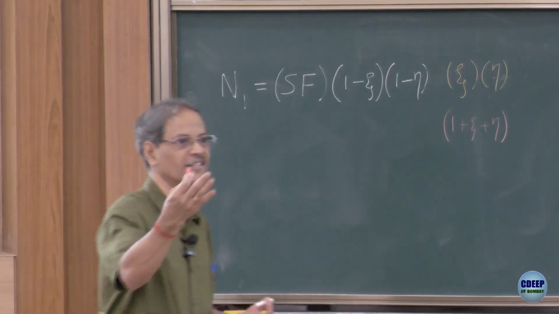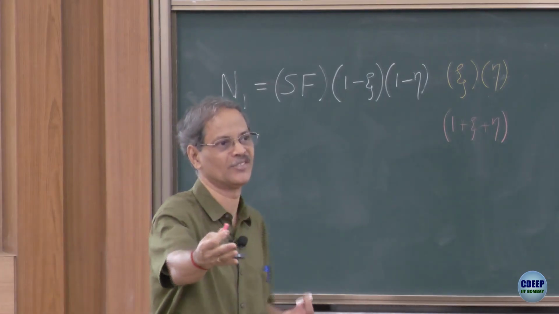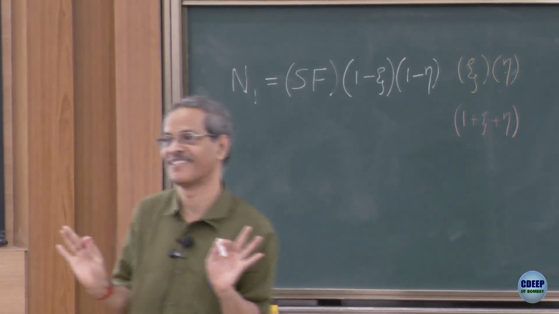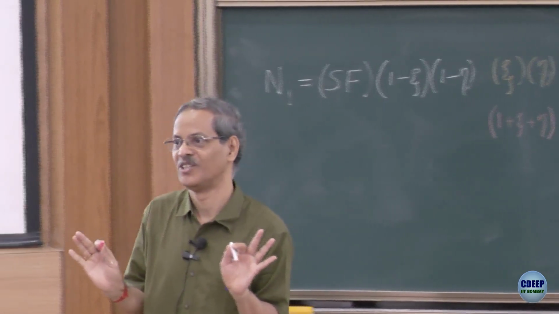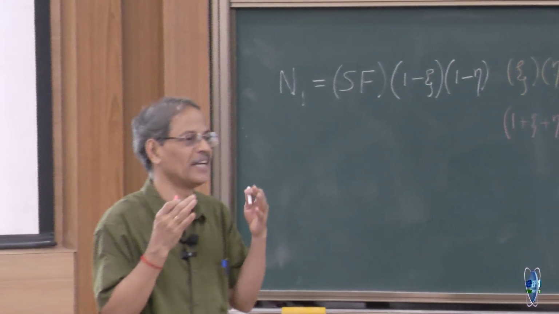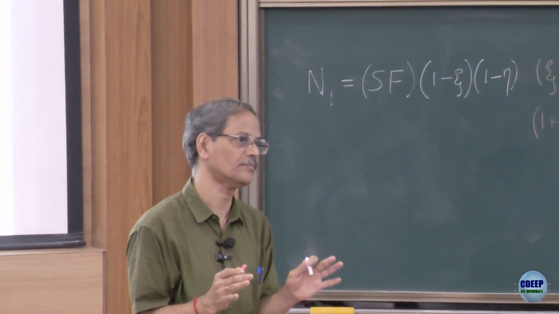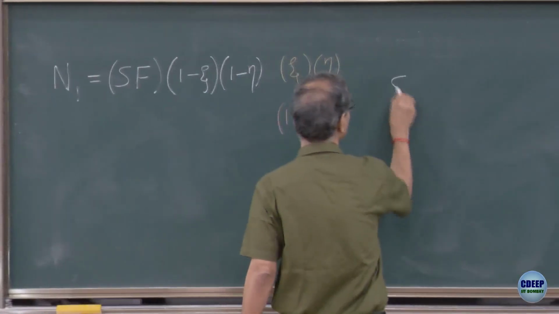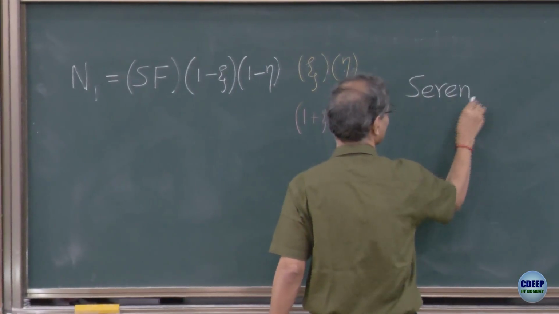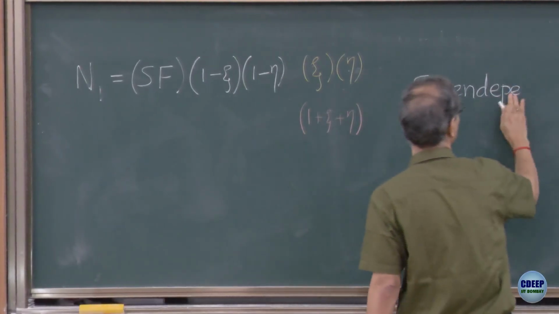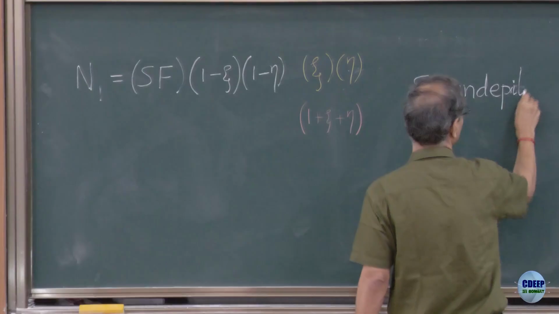Now his element shape functions and somebody else's element shape functions could therefore be different. This process that we are doing has no systematic basis. That is why these shape functions are called serendipity shape functions. Serendipity, I think it is.